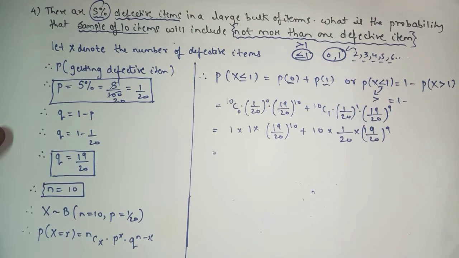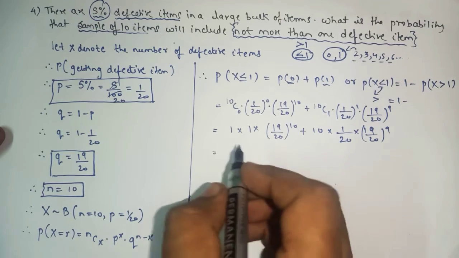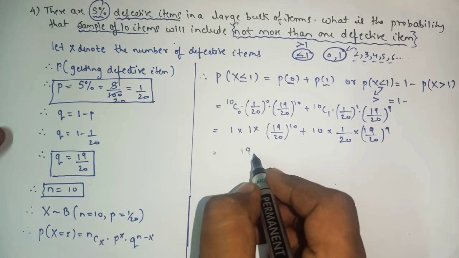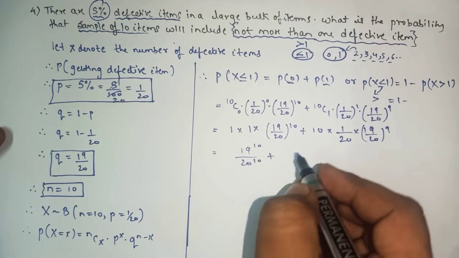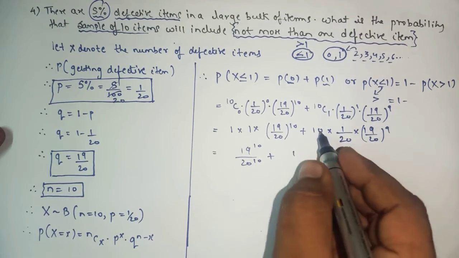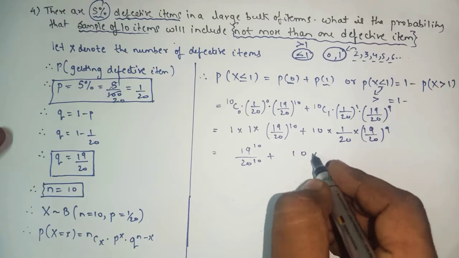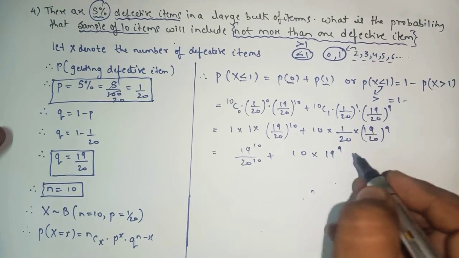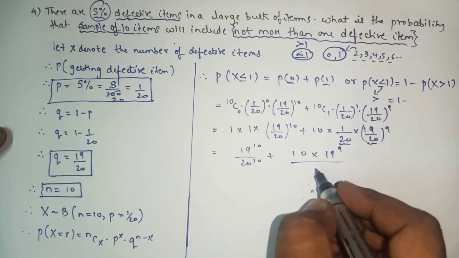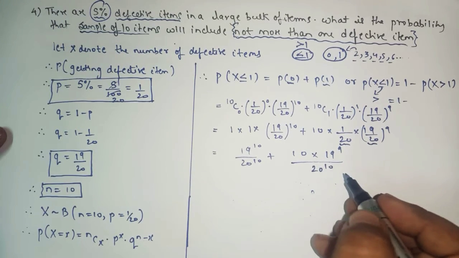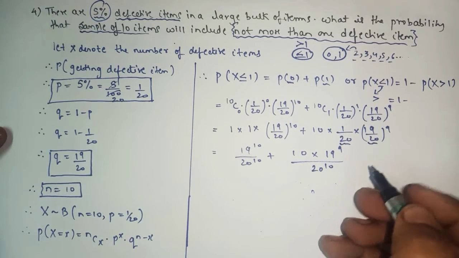So here, can I say that I can write this as 19 raised to 10 upon 20 raised to 10, plus 10 ones are 10 into 19 raised to 9 upon 20 and 20 raised to 9? Can I write this as 20 raised to 10? Yes or no?